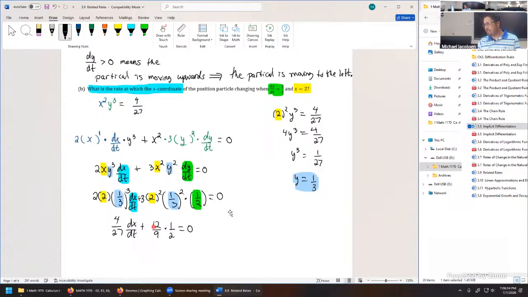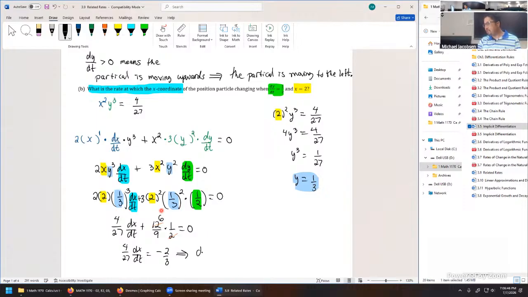Notice we're getting kind of shy on time, so let me see if I can get through this without going over. So 4/27 dx/dt is, that reduces to 2/3, so it becomes -2/3.